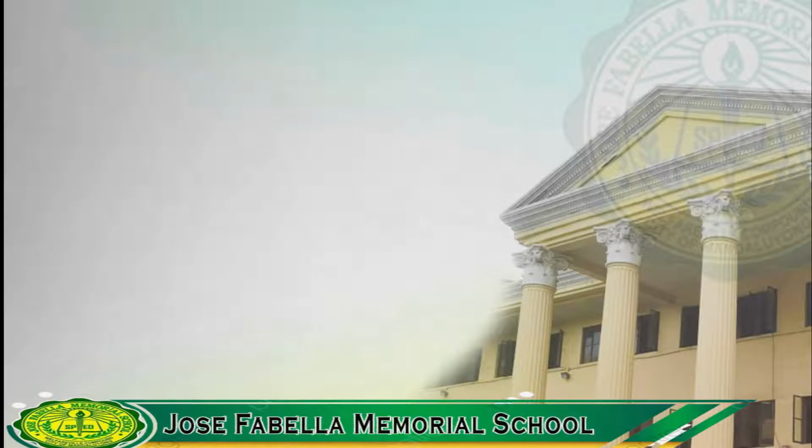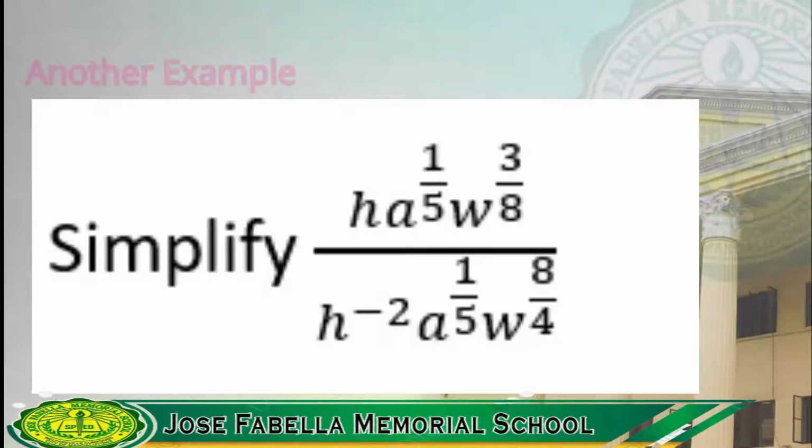Another example: simplify h a raised to 1/5 w raised to 3/8 all over h raised to -2 a raised to 1/5 w raised to 8/4.